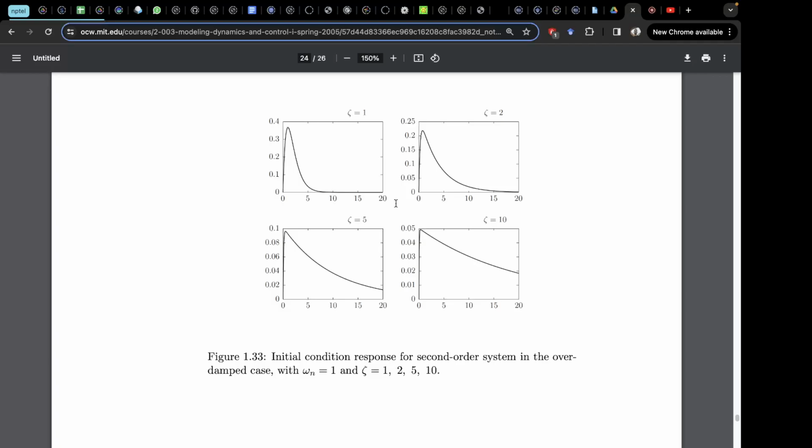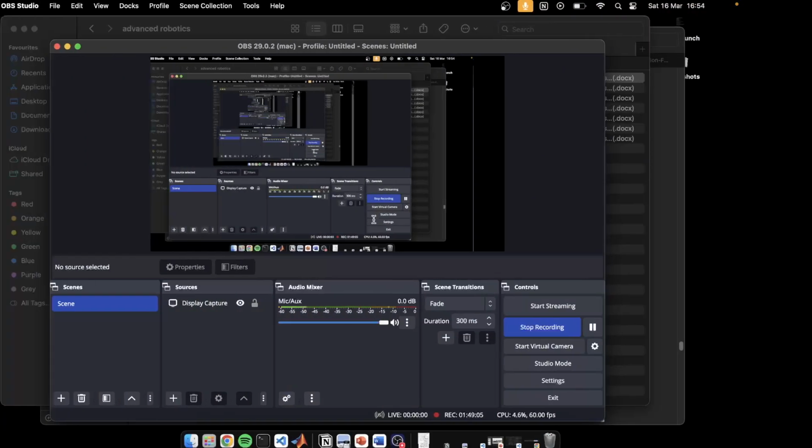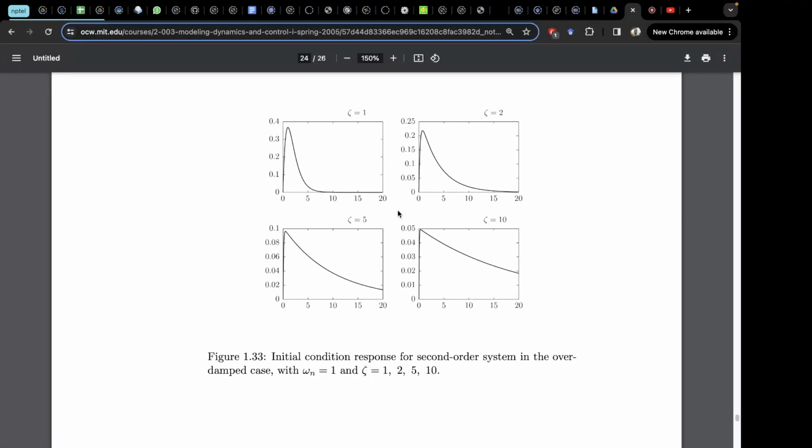Let's say you want to represent the trajectory of a joint from 0 to 10 seconds.